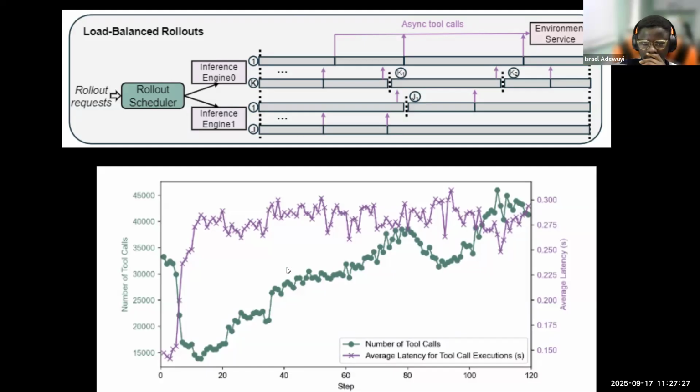I already mentioned earlier that the code environments they built were able to support 45,000 concurrent tool calls. They also had a latency of just about 0.3 seconds, which I thought was pretty quick.